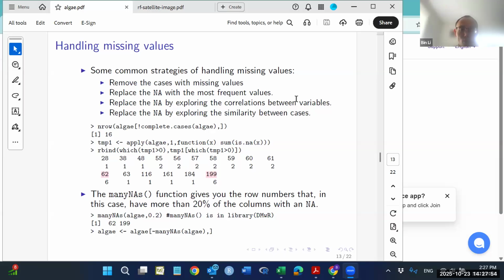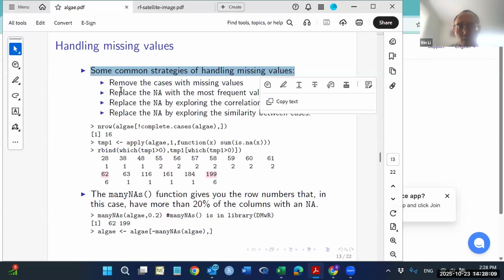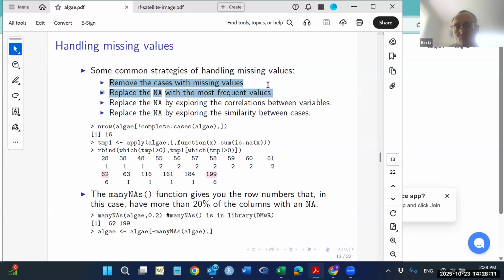Okay, so in this data set we have some missing values. There are common strategies for handling missing values. The first one is to just remove those samples with missing values. That's the easiest one.